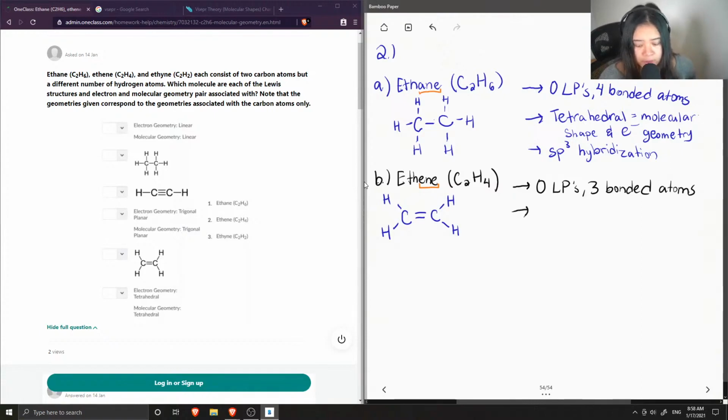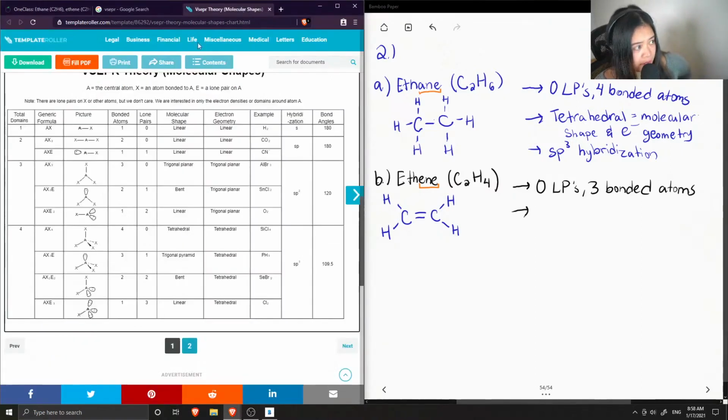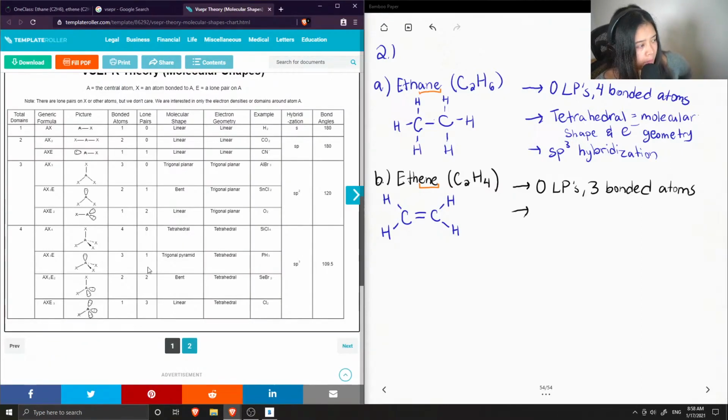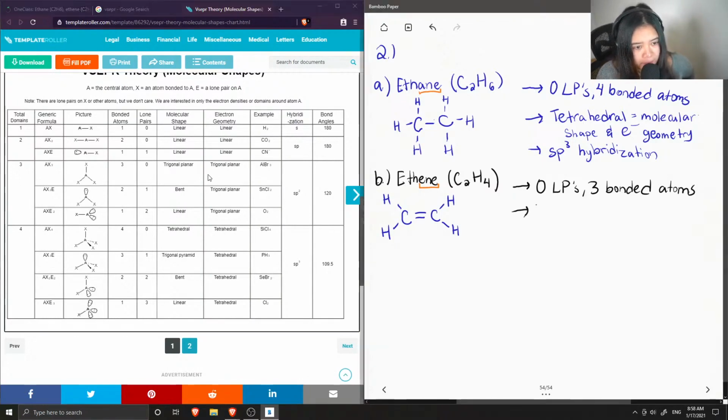Now if we use the VSEPR table, 3 bonded atoms and 0 lone pairs corresponds to a trigonal planar molecular shape and electron geometry. So I'm just going to write trigonal planar, in brackets for both molecular shape and electron geometry. And this time we have sp2 hybridization.